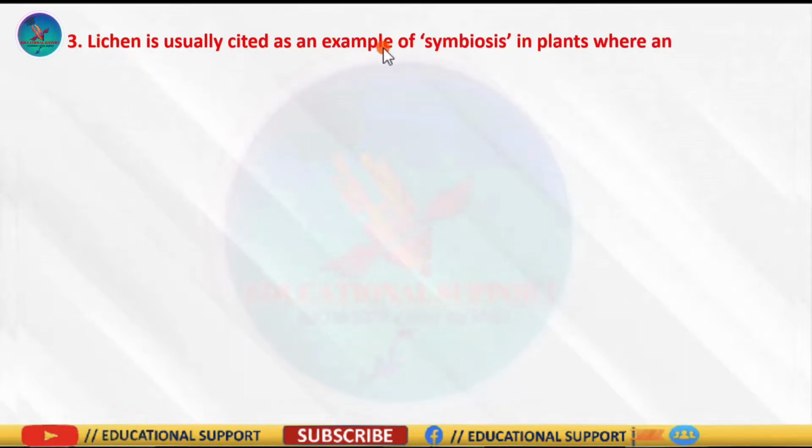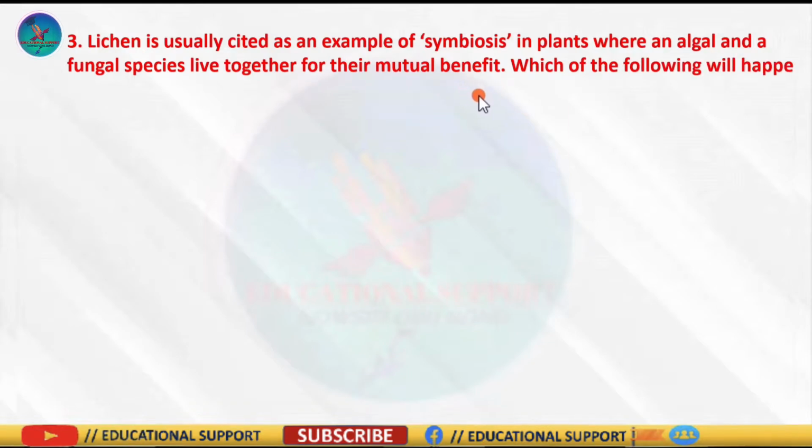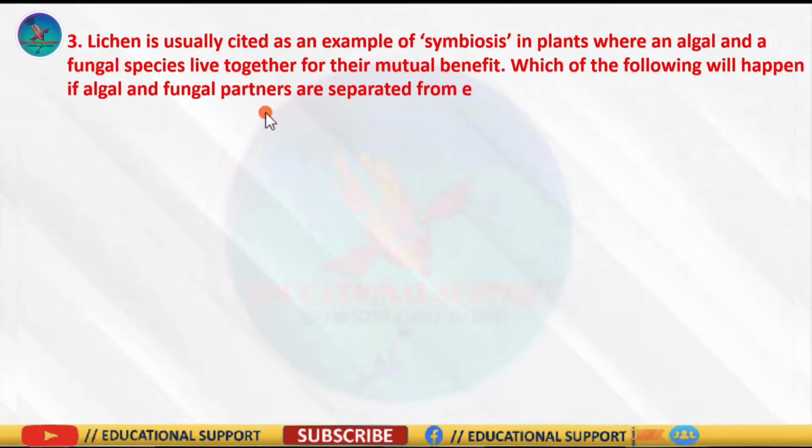Question number 3: lichen is usually seen as an example of symbiosis in plants where an algal and a fungal species live together for their mutual benefit. Which of the following will happen if algal and fungal partners are separated from each other?